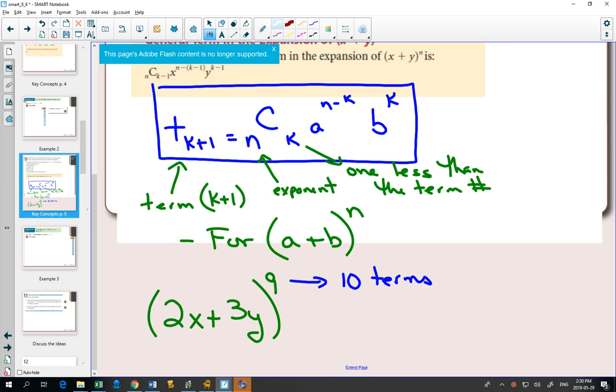And what the questions are going to start to turn into, instead of expanding it all, and with 10 terms you'd have to go to the 10th row of Pascal's triangle and have all of those numbers. Instead of finding all of those numbers, they might just say, could you find the 5th term in the expansion? Can you find the last term? Can you find the first term? Can you find the middle term?